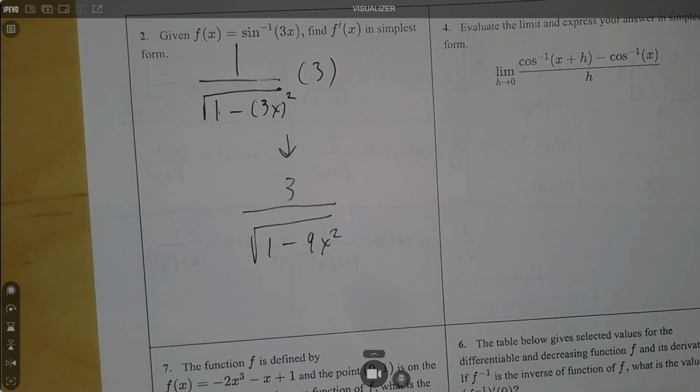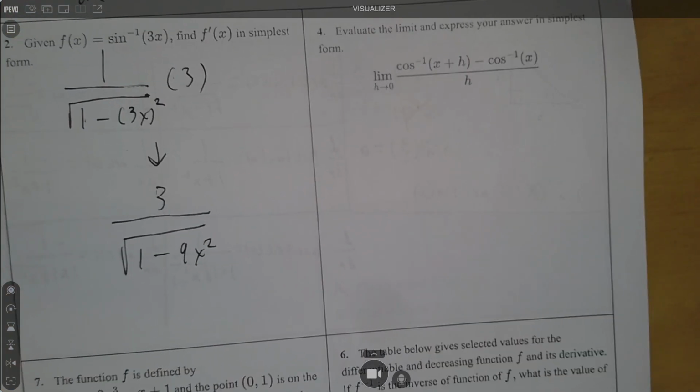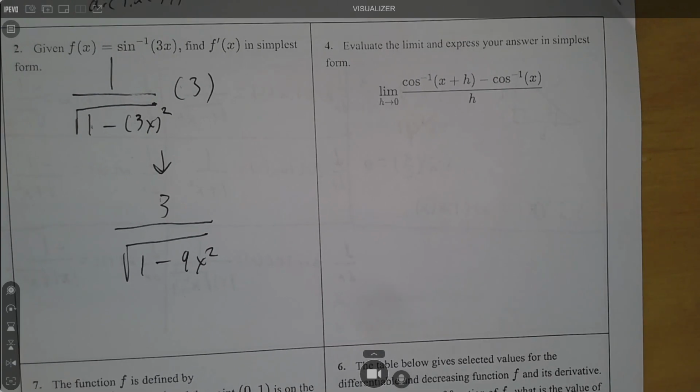It's just another derivative rule. You can watch the other video for a more detailed explanation of how we get there, but that's all it is. This example is just written in limit form. This is just a review from way back.